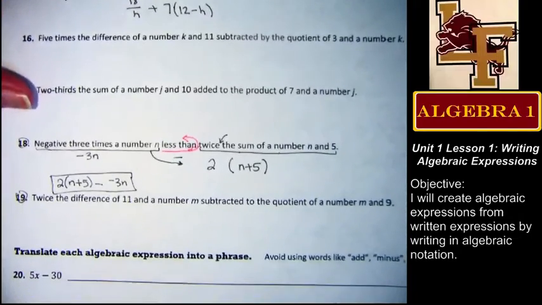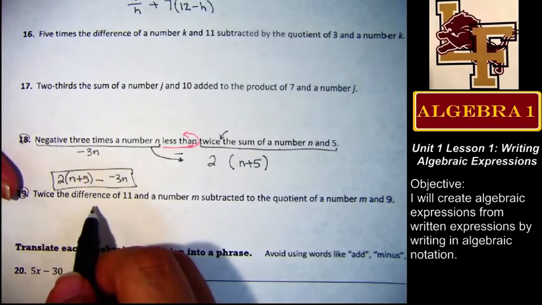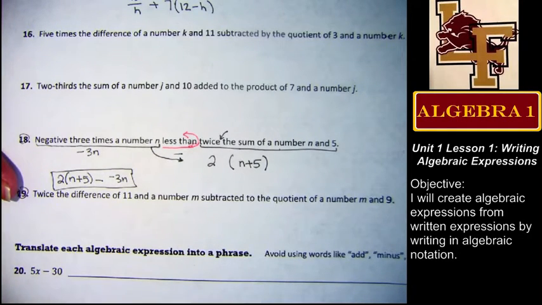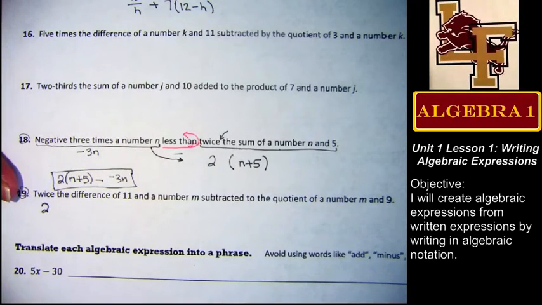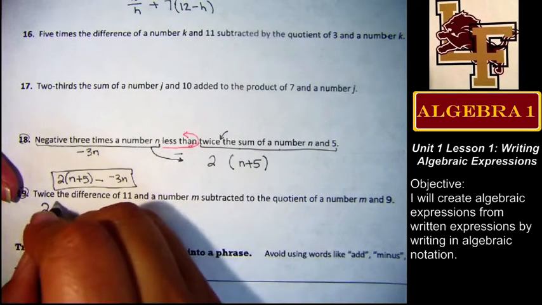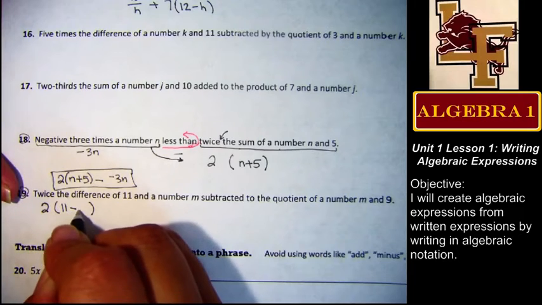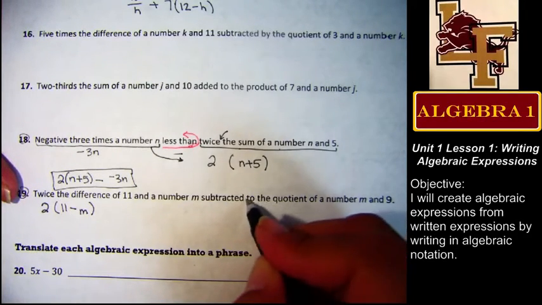All right, let's look at number 19. Twice the difference of. What's happening there? 2 times something being subtracted. What am I going to use to separate the times and the stuff being subtracted? Parentheses. Good. What 2 things are being subtracted?